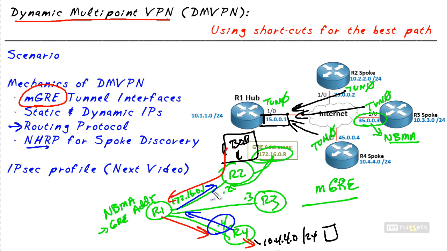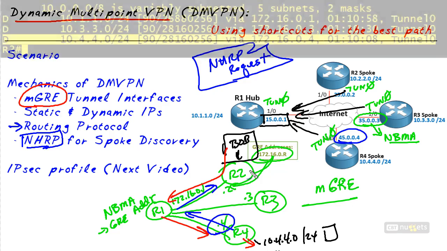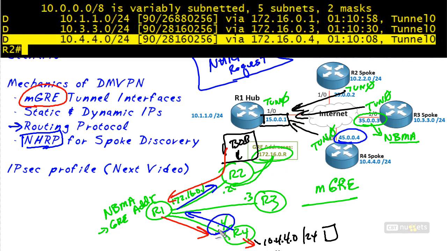So the first packet is going to go up to R1, and then R1 is going to reroute it down to R4 and be forwarded. However, R2, because it's going through that multi-point GRE interface, and because it's running something called Next Hop Resolution Protocol, is going to make an NHRP request. And here's what goes on in the mind of R2. R2 says, I see the next hop. It's in my routing table of 172.16.0.4.